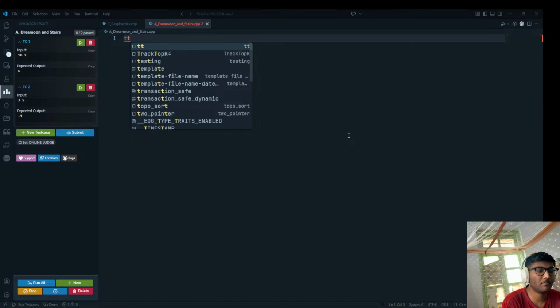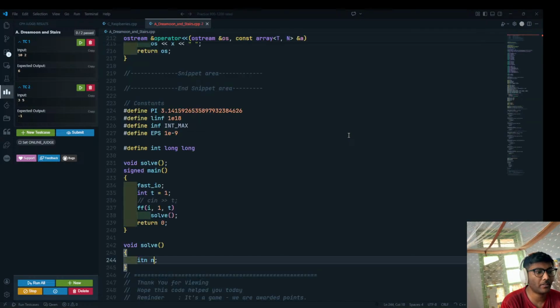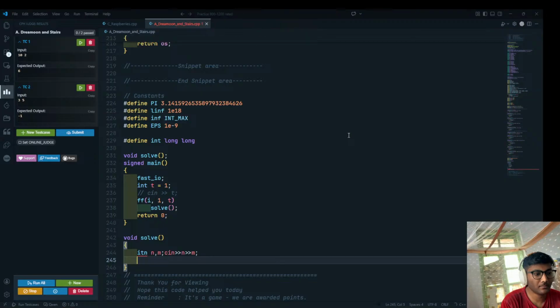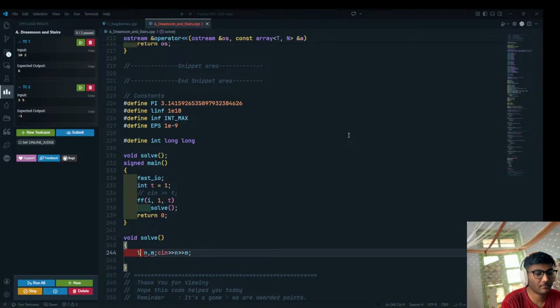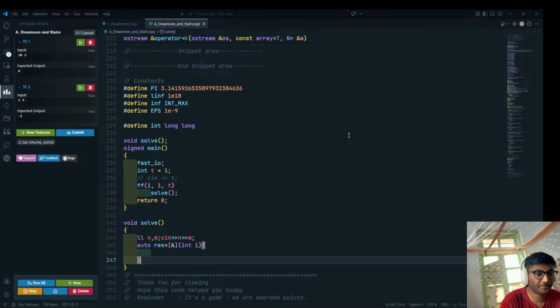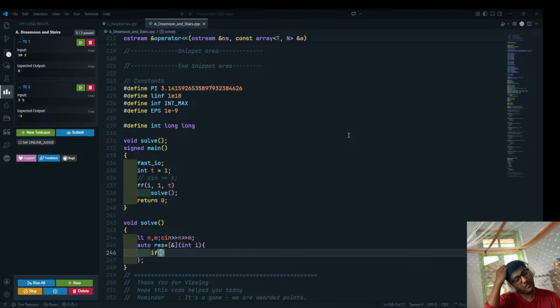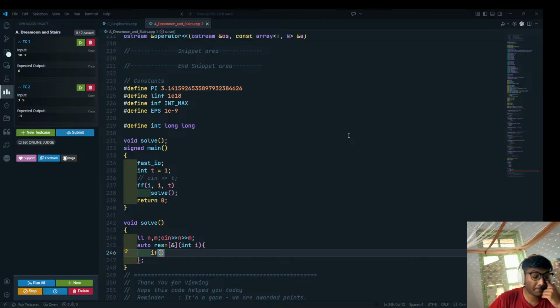So int n and m. Let's have a recursion only. What is the minimum number of steps?